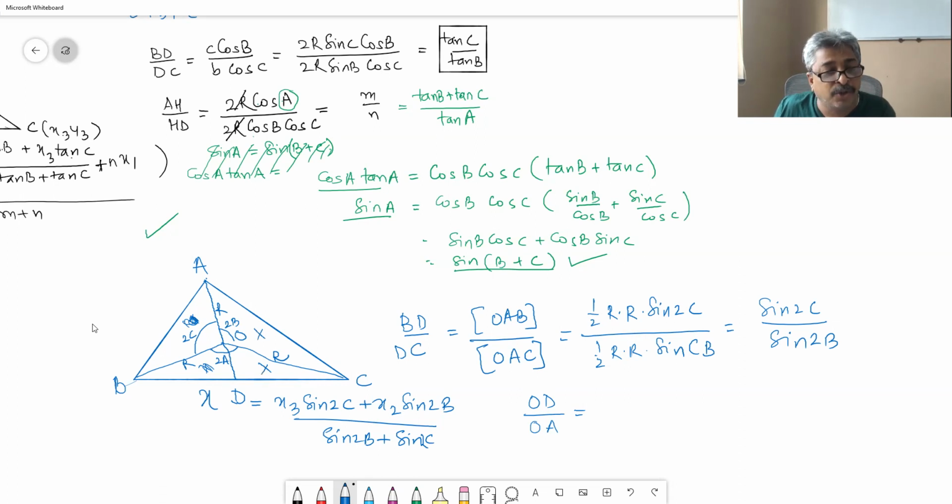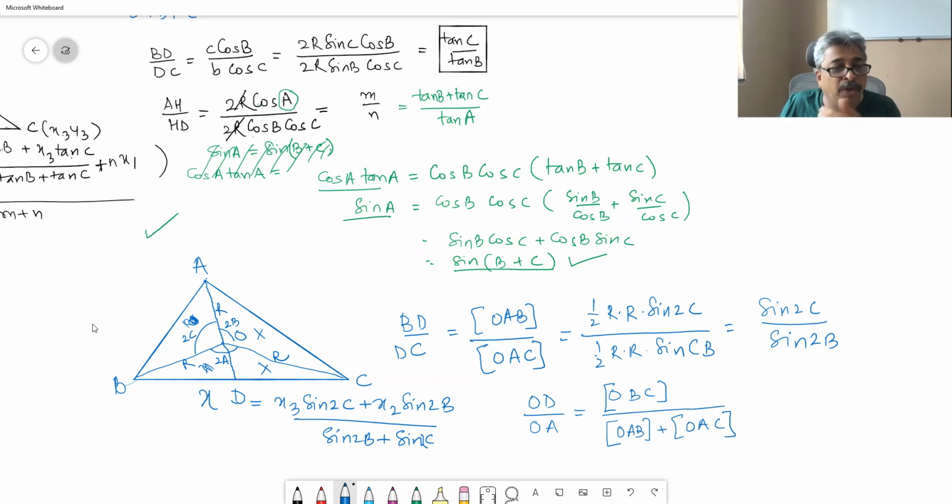And by theorem on equal ratios, if we add numerator and denominator, we get OD upon OA as area of OBC upon area of OAB plus area of OAC.